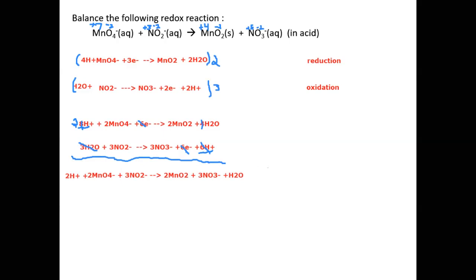So the overall charge on this side is -3. The overall charge on this side is -3. And you'll see that everything is balanced as well. 6, 10, 9, 8, 14, 9, 13, 14, 2, and 2. And so this is the balanced redox reaction in an acidic solution.